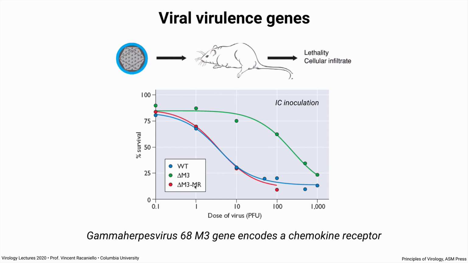So we put it back to make sure we haven't introduced any other mutations in the viral genome in all these manipulations, which are done, of course, by recombinant DNA manipulation. And that virus in red has now regained the virulence of the wild-type virus. So the gamma 68 M3 gene, which encodes a chemokine receptor, is a virulence determinant.